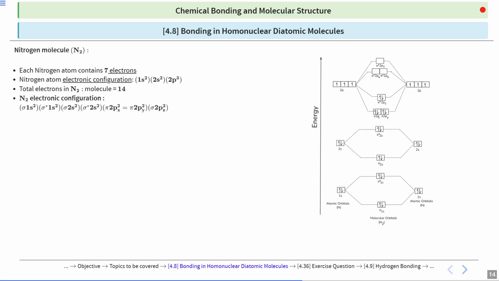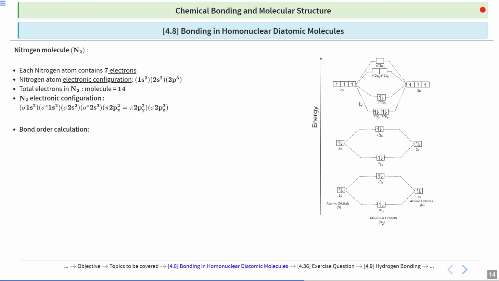Now what about the electronic configuration? We can write it very easily. Sigma 1s2, sigma star 1s2, then sigma 2s2, sigma star 2s2, then we have pi 2px2 and pi 2py2, and lastly we have sigma 2pz2.